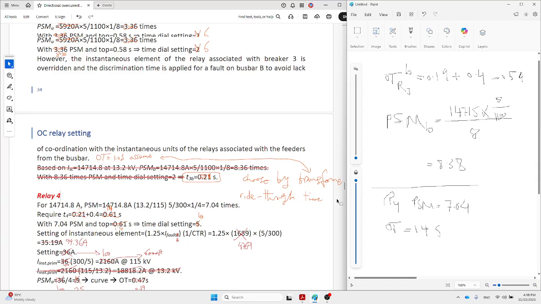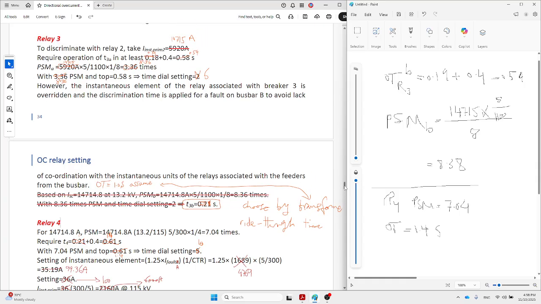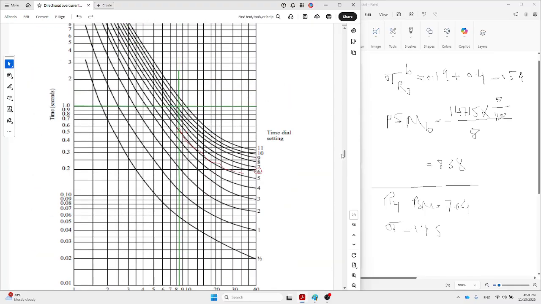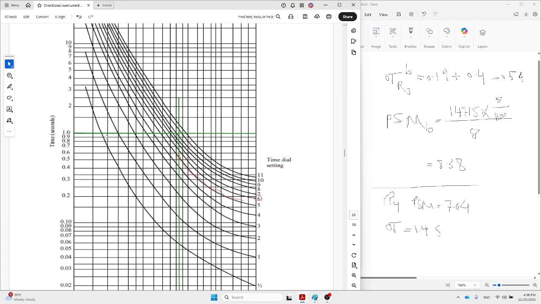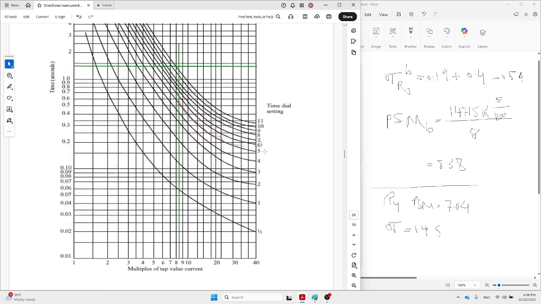So let's pick a time dial setting or time multiplier setting for 1.4, which roughly is here, correct? It's okay. Then PSM is 7.